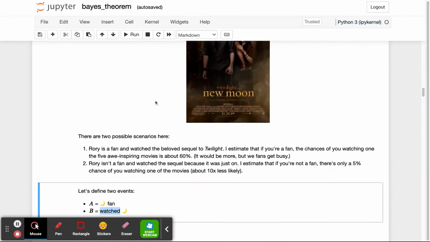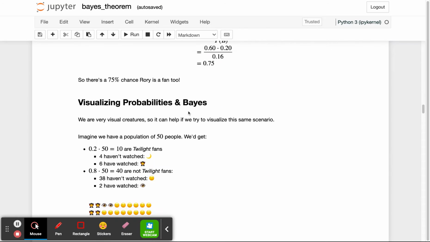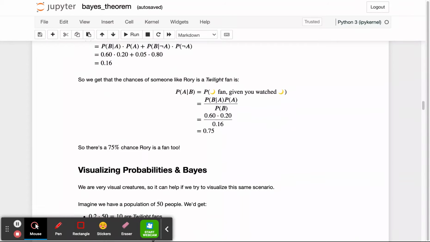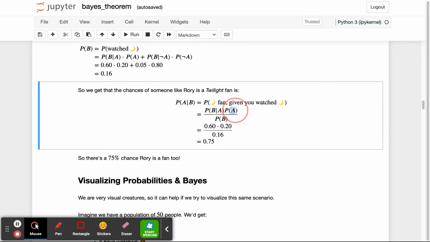So now that we know the B probability here, we can substitute that into this formula and find the probability of A given B. So that would look something like this. We would have our probability of being a fan, given that you watched, is going to be the probability of having watched the film, given that you're a fan, times the probability of being a fan, divided by the probability of having watched the film, which we determined here.